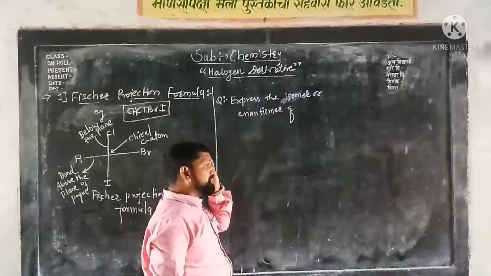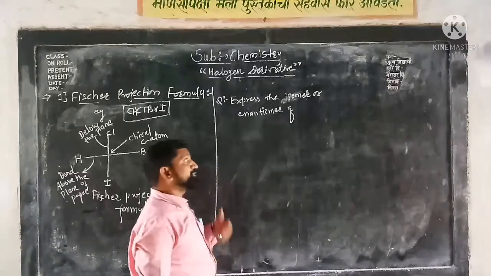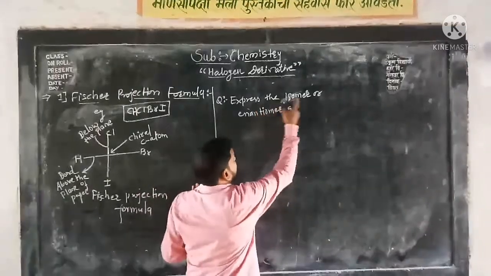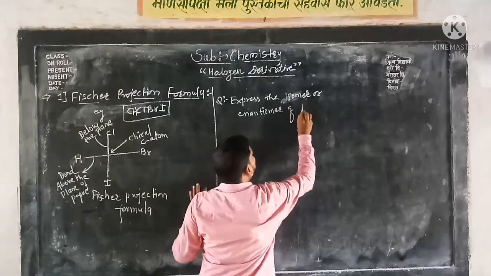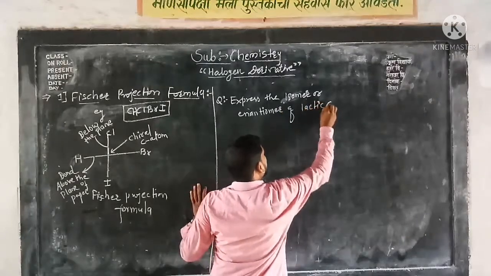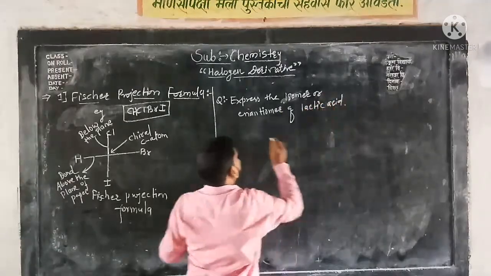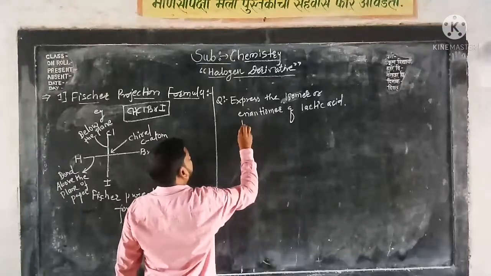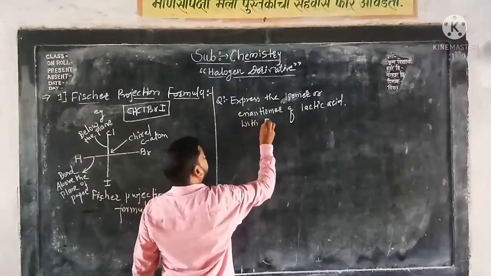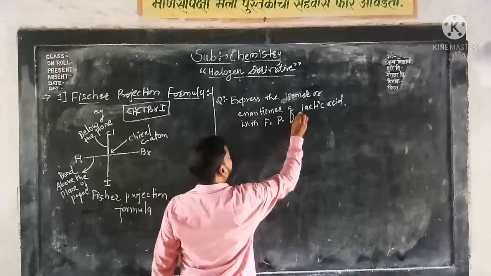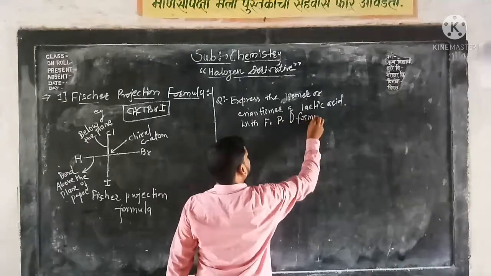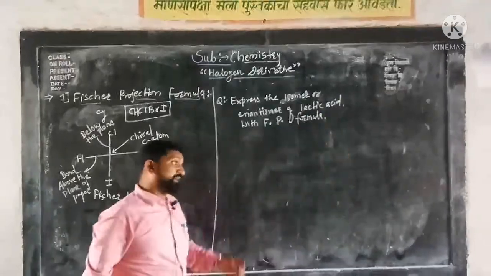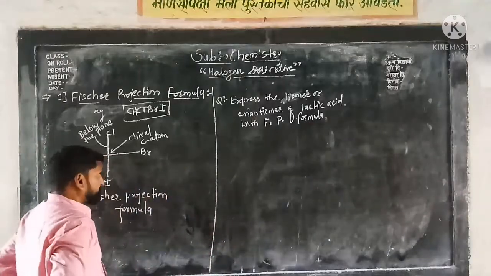Enantiomer, in the last video we discussed under the title optical activity. So express the isomer or enantiomer of lactic acid with Fisher projection formula.